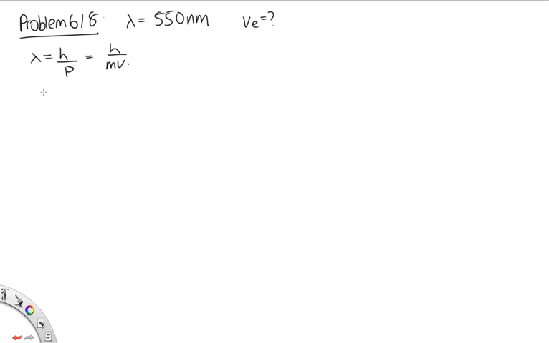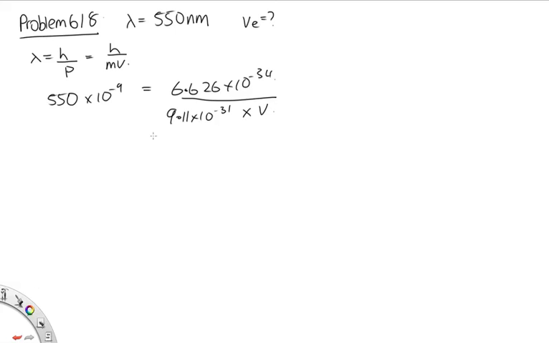So we want our wavelength to be 550 nanometers. And this is equal to 6.626 times 10 to the minus 34 over the mass of the electron, which is 9.11 times 10 to the minus 31, times its speed. So solving this for the speed, we end up with 1,322 meters per second. So that's about 1,300 meters per second.